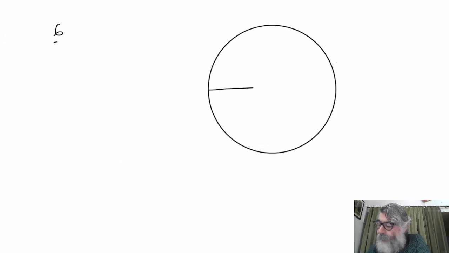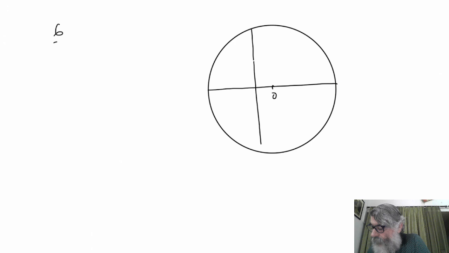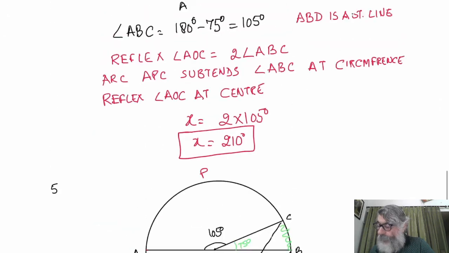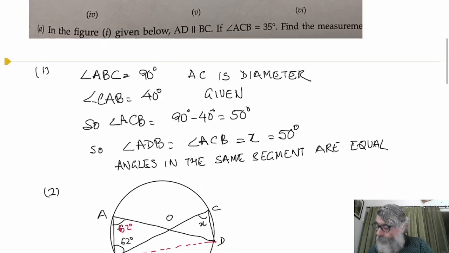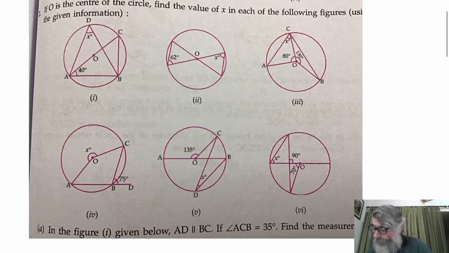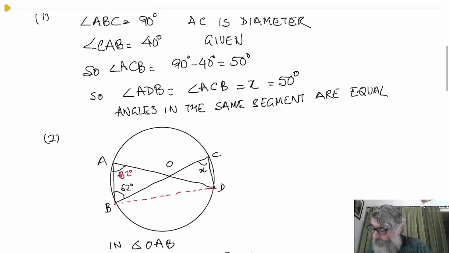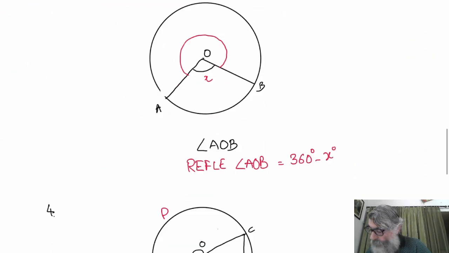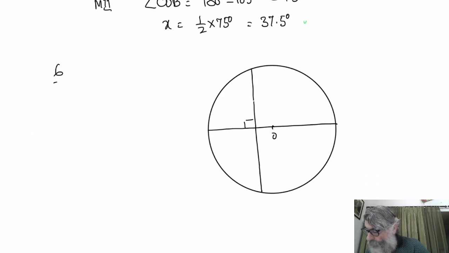This is the diameter. O is here. And they have drawn another line here, which is perpendicular to it. This angle is 90 degree. Okay, O is joined here and that is joined here, this is joined here and this is joined here.